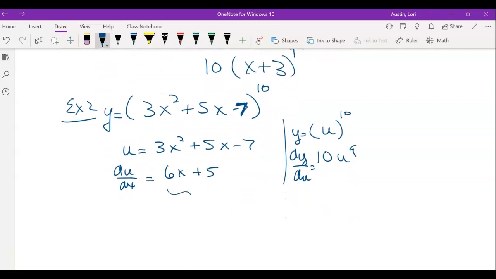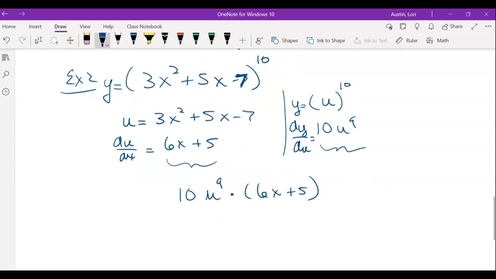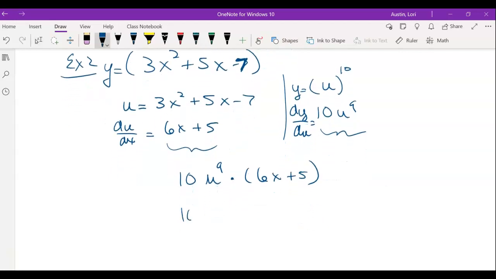But you gotta multiply them together, right? So it's 10 u to the 9th times 6x plus 5. And then you gotta make sure there's no u's left in the problem.